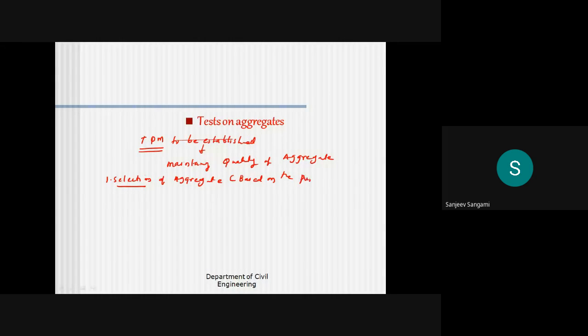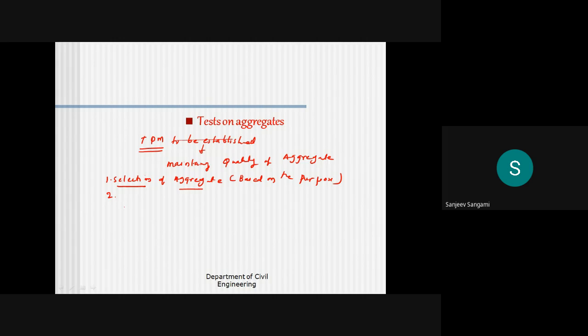Always remember this. So what kind of aggregate are you selecting? We'll discuss that when it comes to the classification of the aggregates. What's the purpose? Where exactly are you applying it?